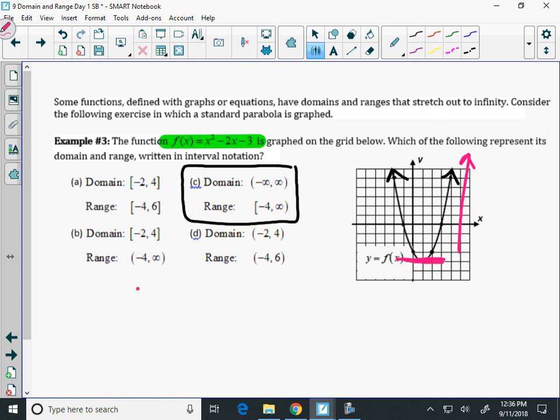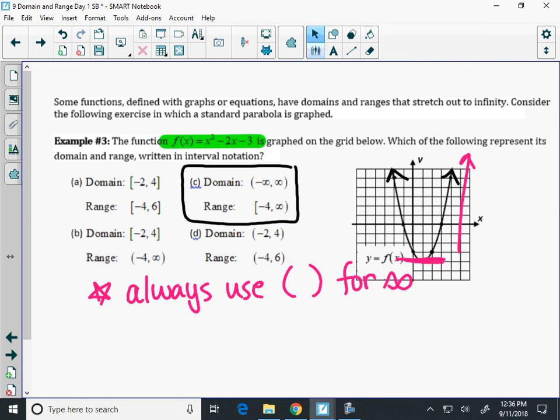No. Maybe make a note to yourself, or at least a mental note, always use the parentheses for infinity. Never, ever use a square bracket. Numbers, give and take. Infinity, because infinity is not a number. Infinity is a concept of going on forever.